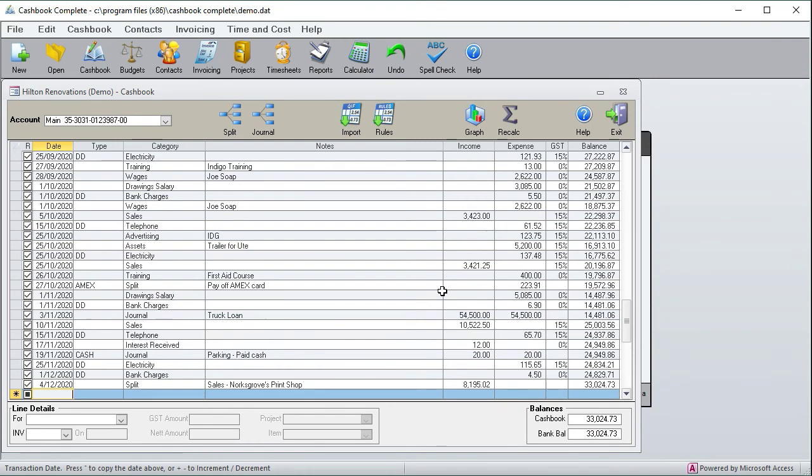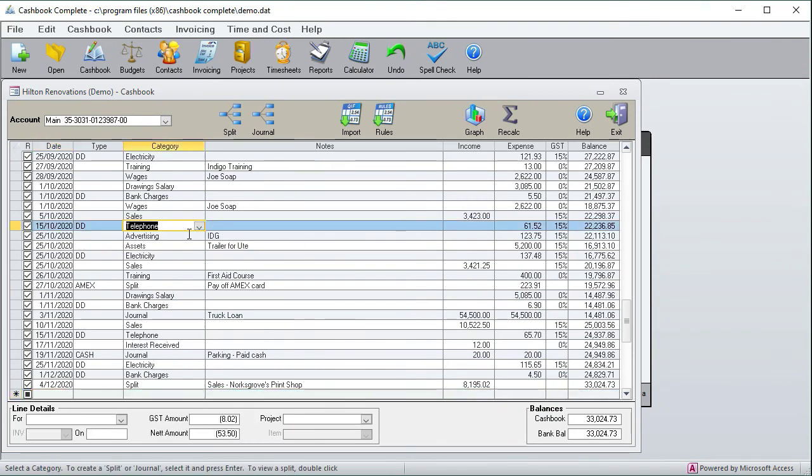Then for invoice basis, for all the income and expenses other than things like bank fees where you don't get a tax invoice, down here you need to put in the date. That's for all of the transactions that have GST on them.